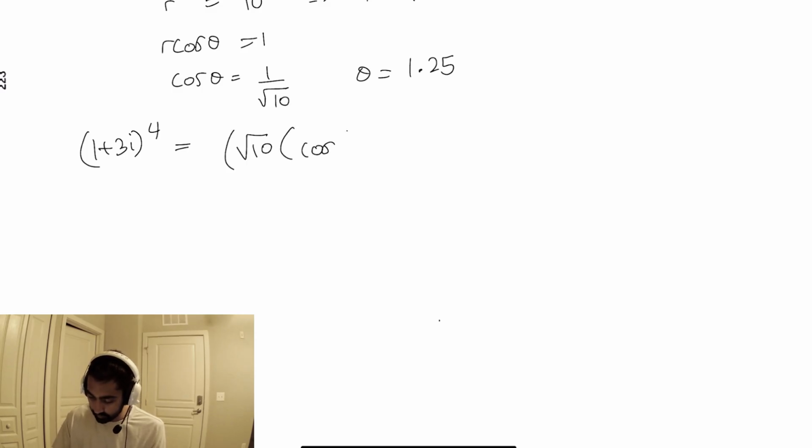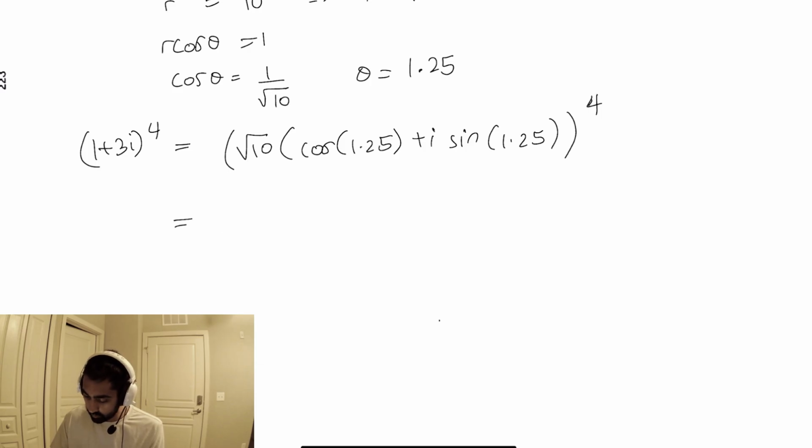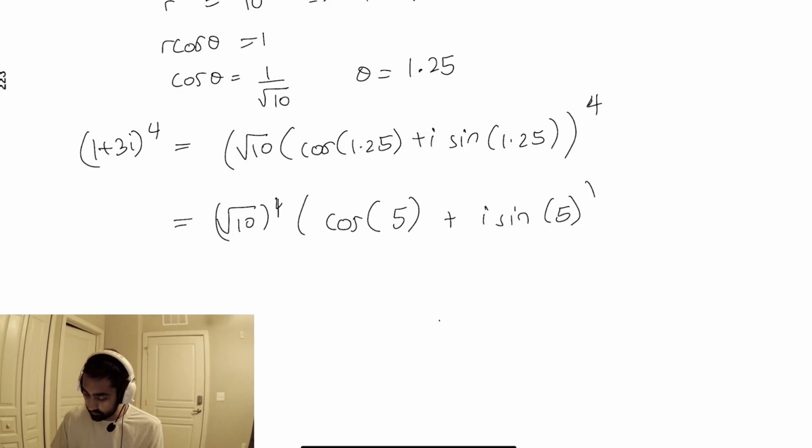So let's write that 1 plus 3i to the 4 is equal to square root 10 cosine 1.25 plus i sine 1.25 to the 4, which by De Moivre's theorem is equal to square root 10 to the 4 cosine 4 times 1.25, which is 5, plus i sine 5.